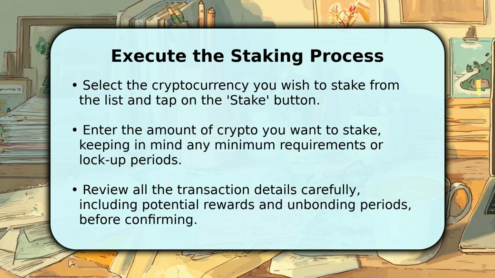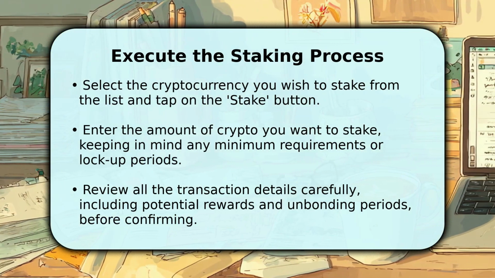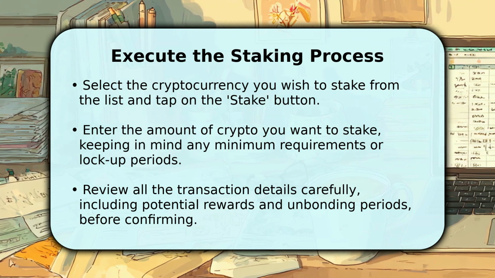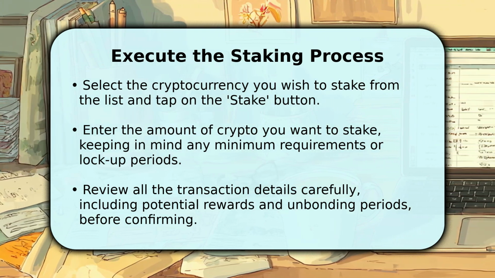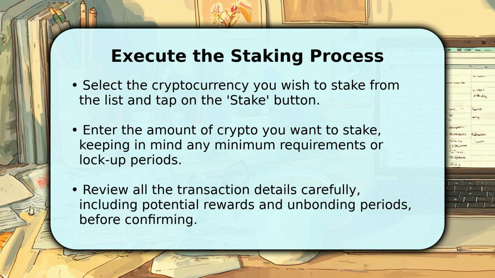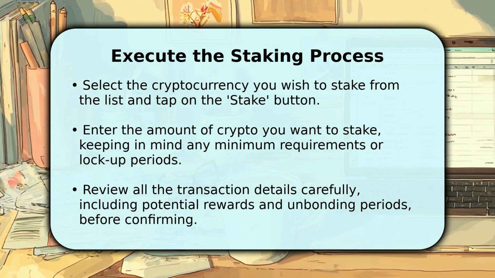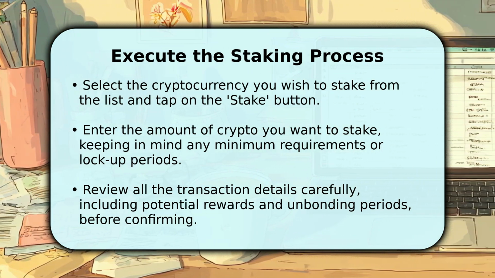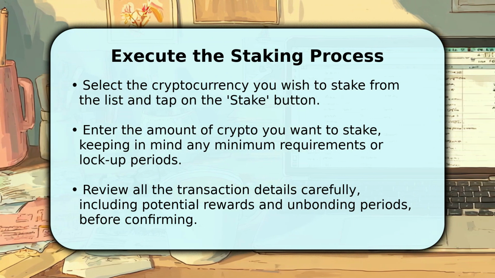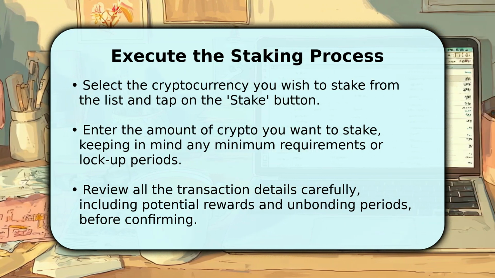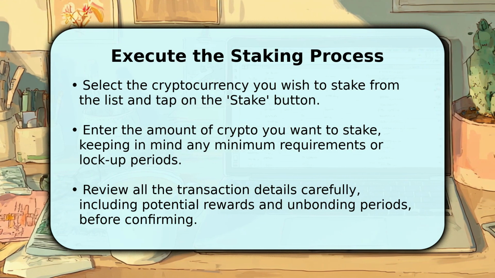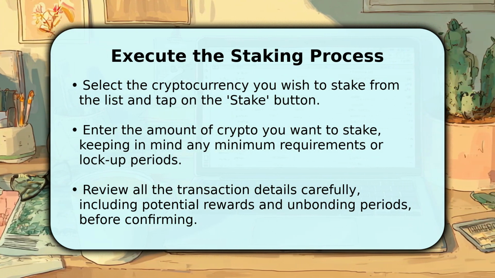Now comes the exciting part: executing the stake. Once you've selected the cryptocurrency you want to stake from the available list, simply tap on the Stake button. You'll then be prompted to enter the amount of crypto you wish to commit. Remember to check if there are any minimum staking requirements or specific lockup periods associated with that particular coin.